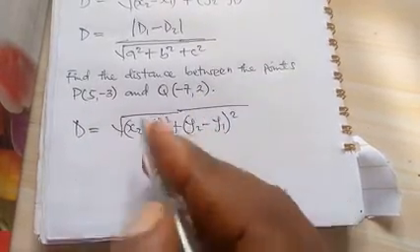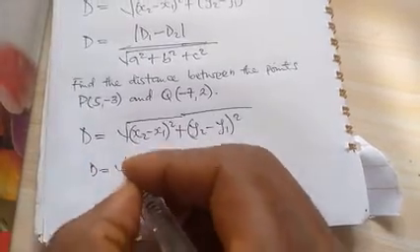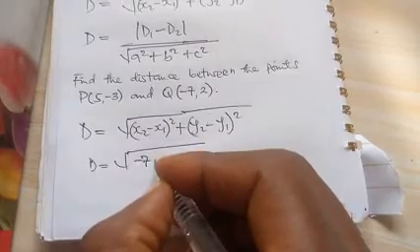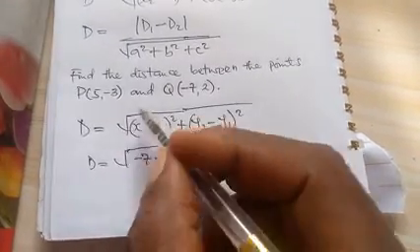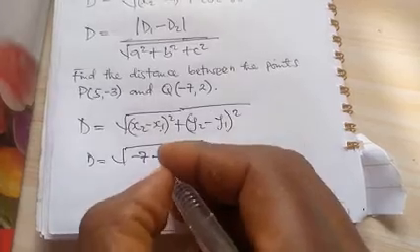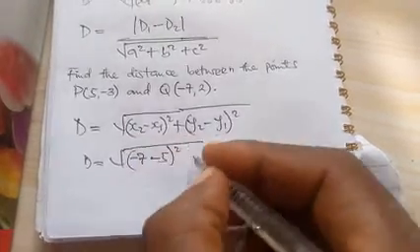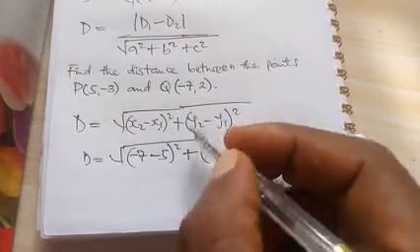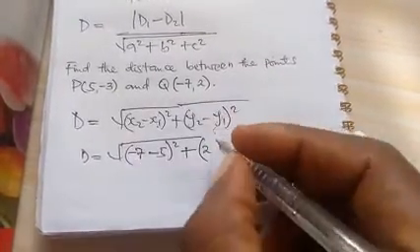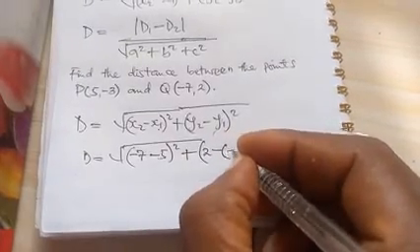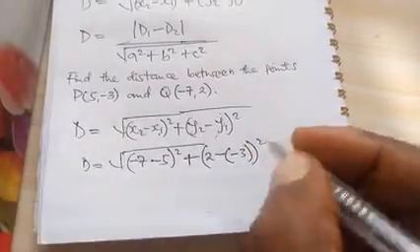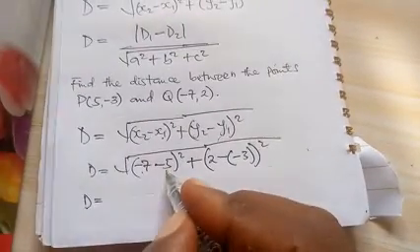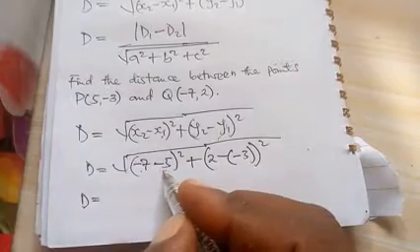So x2 is minus 7. We have that d is equal to the square root of minus 7 minus 5 all squared, plus y2, which is 2, minus y1, which is minus 3, all squared. So minus 7 minus 5 gives us minus 12.